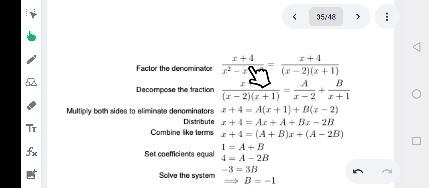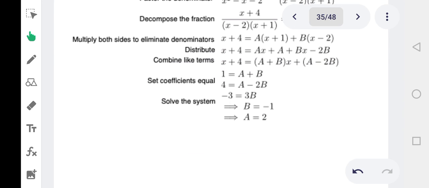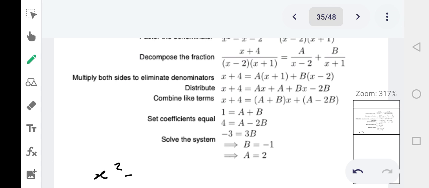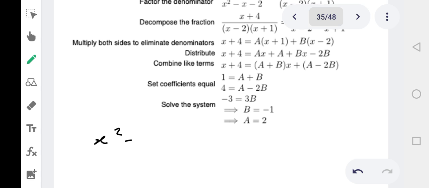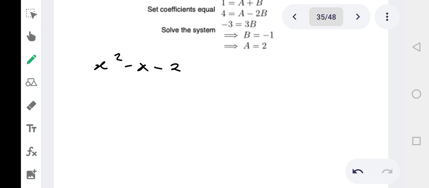Okay. How do we factorize the denominator? All right, let me show you. The denominator that we have there is x squared minus x minus 2. How do we factorize that? We need to find the product, sum, and the factors. What's the product?